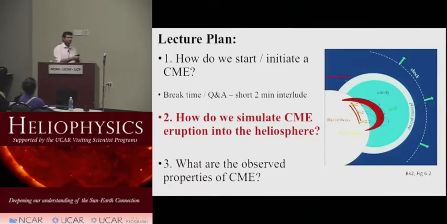That's usually done using simulations, and for that we need an analytical solution which we can put into an MHD equation. We just want an analytical, mathematical answer for what a CME should be, have it naturally unstable in an MHD simulation, let it erupt, and see if what we create in our simulation is close to observations. Then we go back in our understanding, look at our simulations, and try to create some insights.